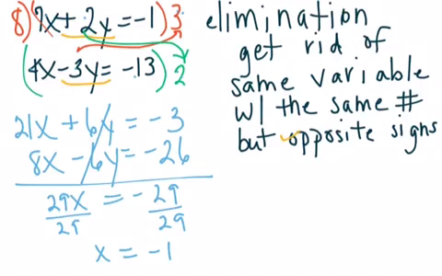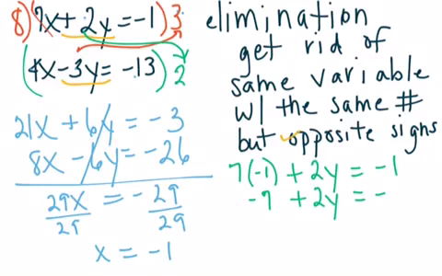Now we need to find the y value. We can again substitute that into either equation, but let's just use the top one. You have 7, but instead of x, we're going to do negative 1 plus 2y equals negative 1. 7 times negative 1 is negative 7 plus 2y equals negative 1. Add 7 to both sides.